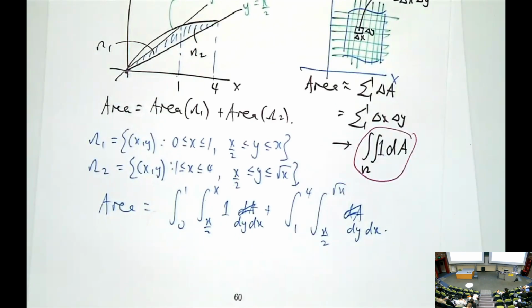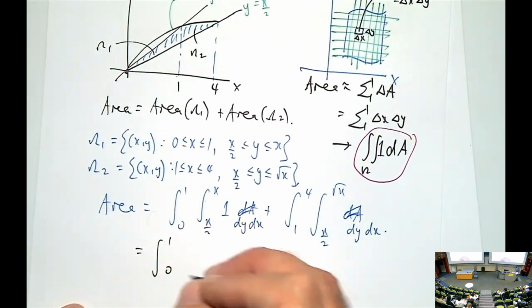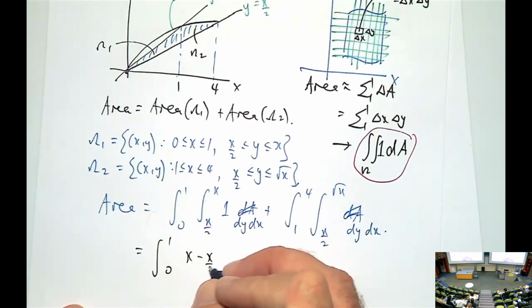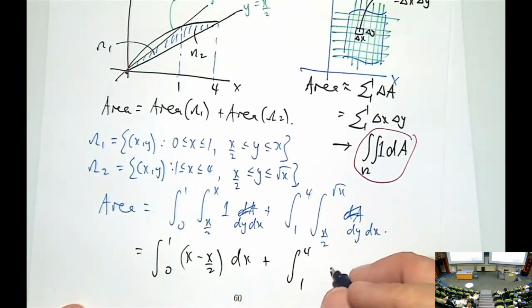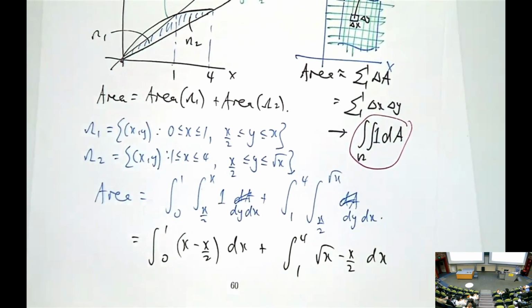So we integrate those. And what do you notice? It's the exact same thing that you had at high school, the area between two curves. So double integrals give you a connection to stuff that you already know, basically.